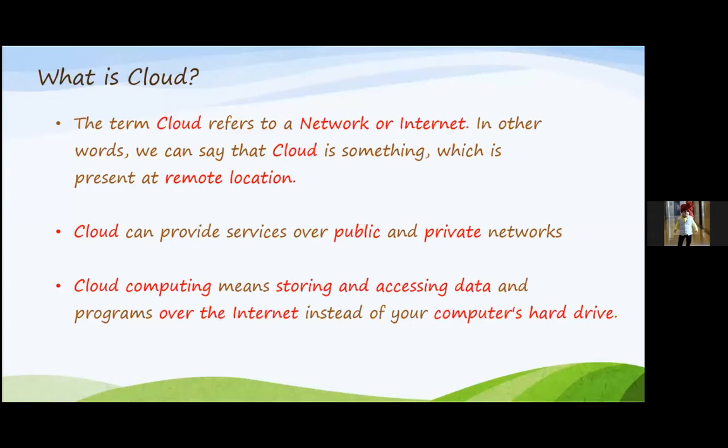It is a remote location where you will have data centers where you can store lots of information, where you have a lot of space and a lot of processors, and all these remote stations are connected via internet. It is nothing but the cloud. Okay, so cloud can provide the services over public and private network.